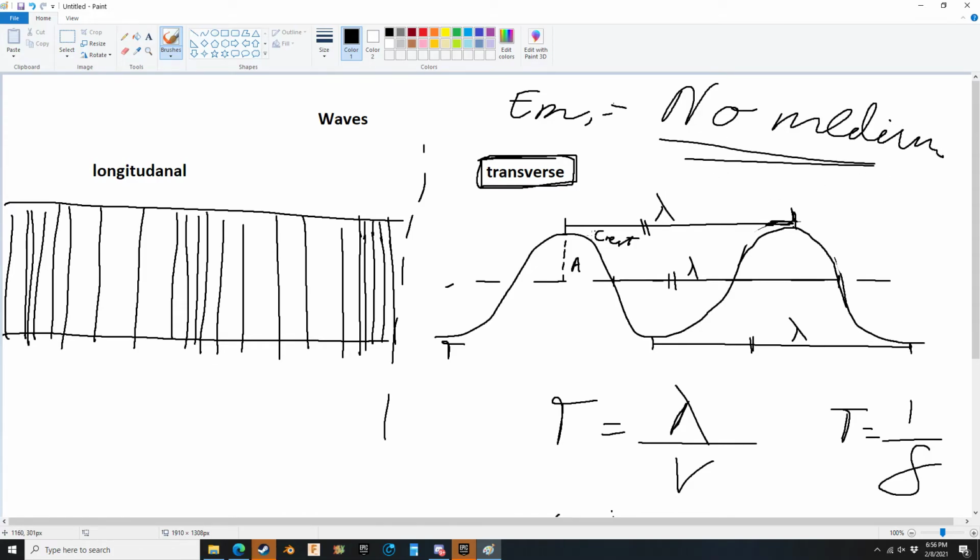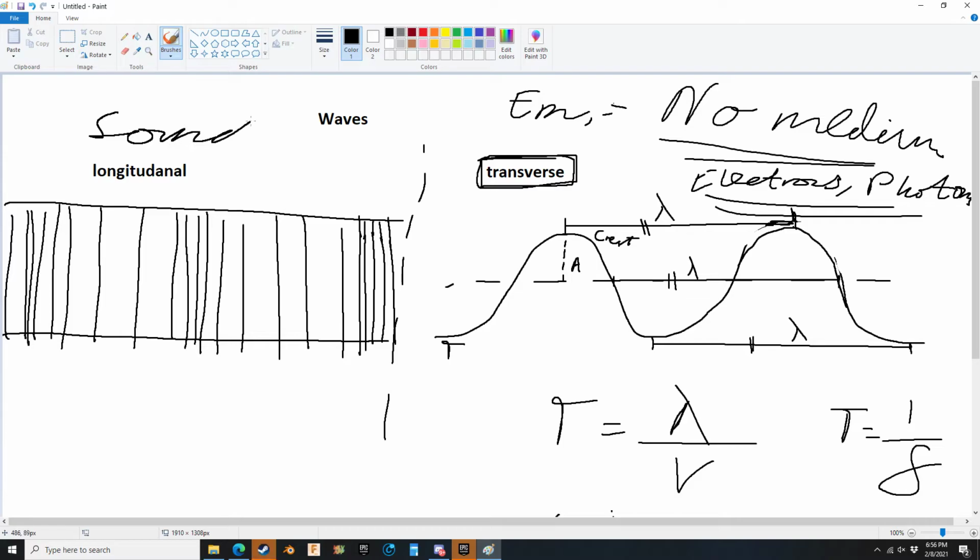They're a form of radiation, which means that they're carried by electrons and photons, which means that they don't need, say, atmosphere to pass through, while longitudinal, on the other hand, is sound. So let's move on to here.